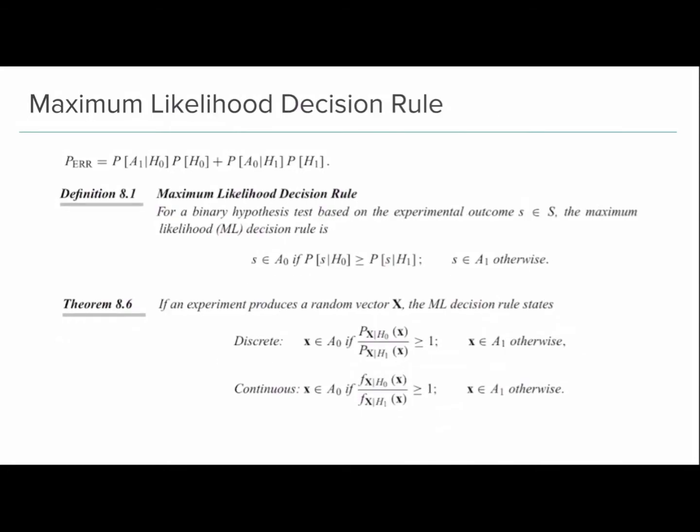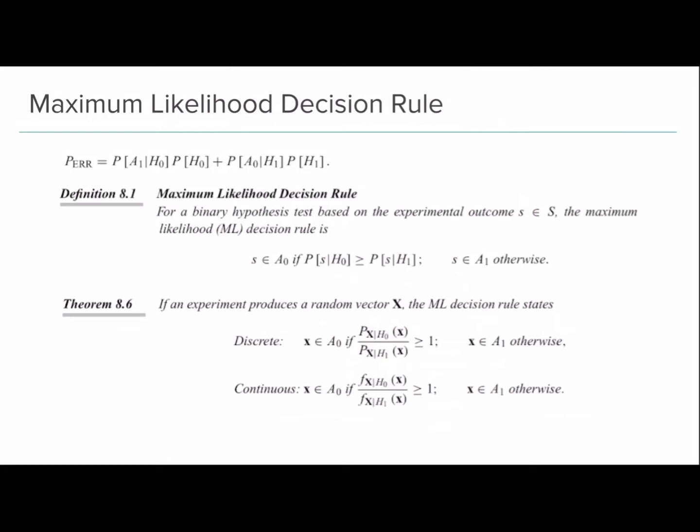So next is the maximum likelihood decision rule, and here too the goal is simply to minimize the probability of error. But in the maximum likelihood decision rule, we do not want to depend upon the a priori probabilities, which are P of H naught and P of H1, right?